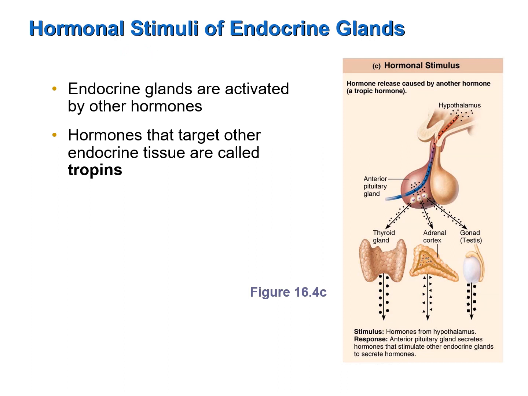I also want to introduce a term, and that term is tropin. Hormones that target other endocrine tissue are called tropins. So these hormones here that are being released and targeting the thyroid gland and the adrenal cortex and the gonads, these are tropins or tropic hormones.